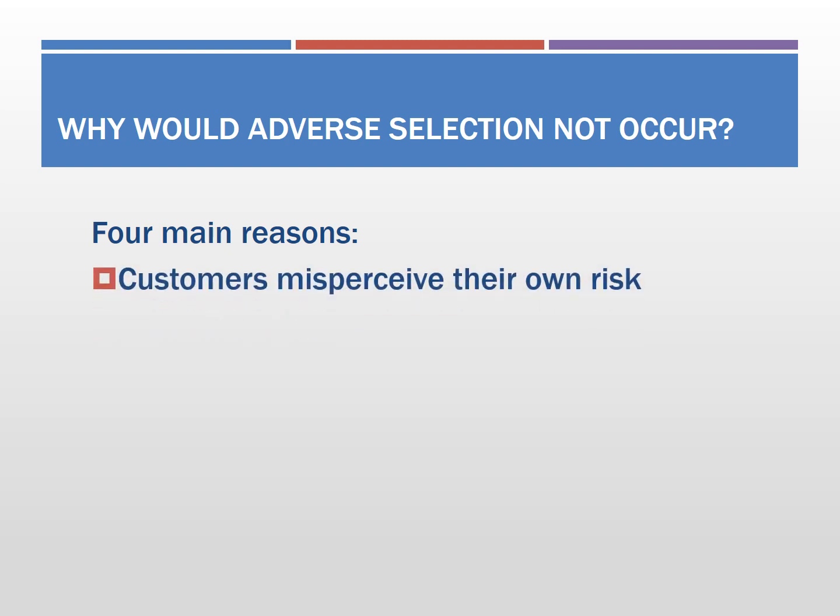Number 1, when customers misperceive their own risks. For example, if there is one customer who thinks that he has a 50% chance of getting cancer next year, but in fact his risk is only 5%. Right? So this misperception can cause this customer not to be able to take advantage of adverse selection.